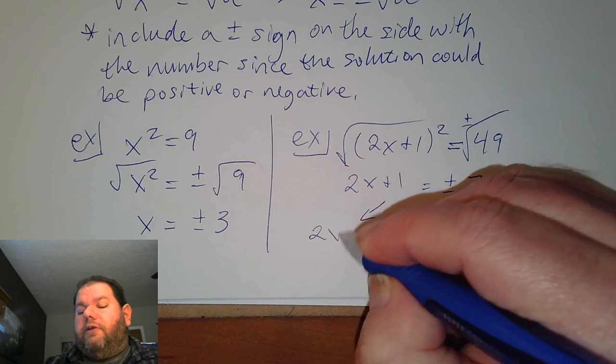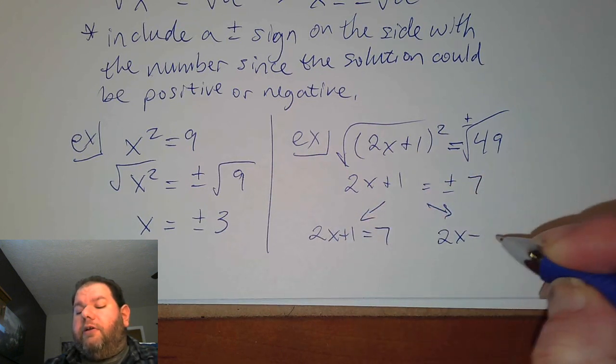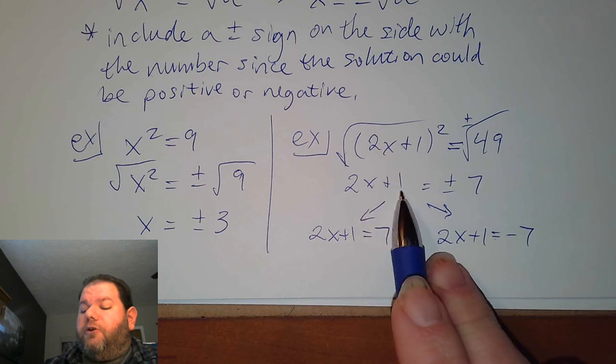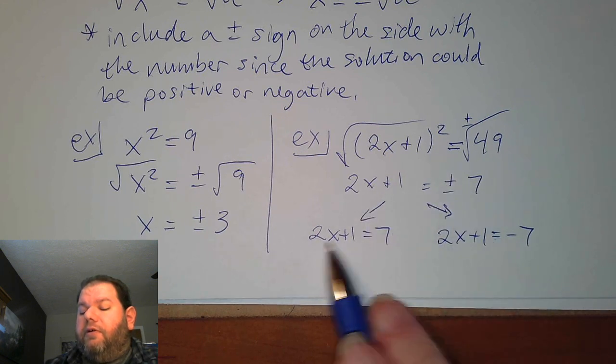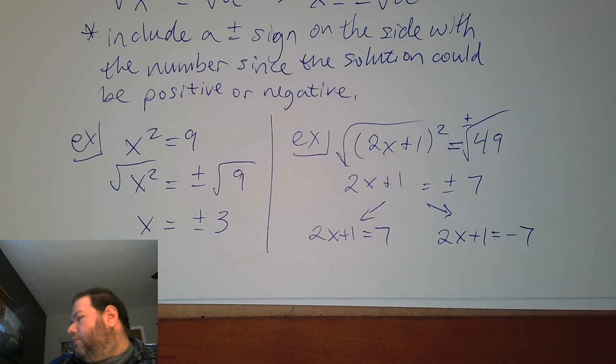We let 2x plus 1 equals 7, and 2x plus 1 equals minus 7. So either this expression is equal to a positive 7, or this expression is equal to a negative 7. And then we solve the equations individually from there.